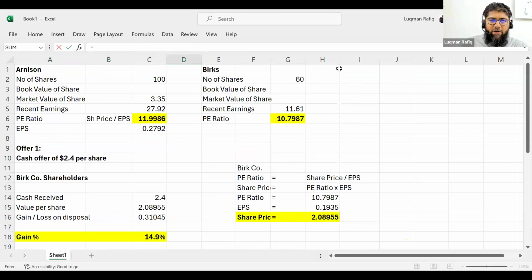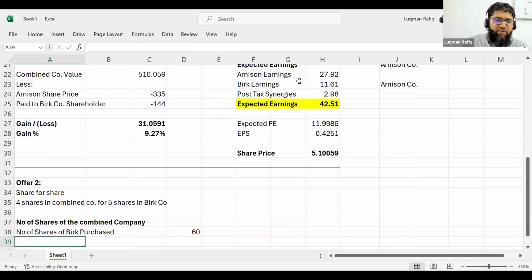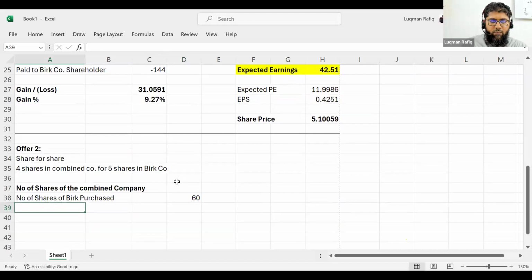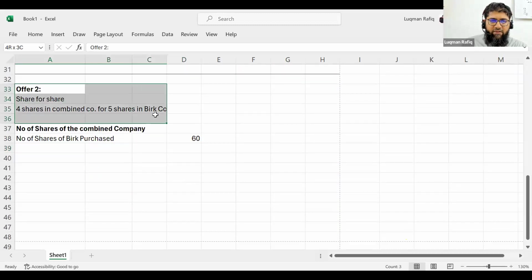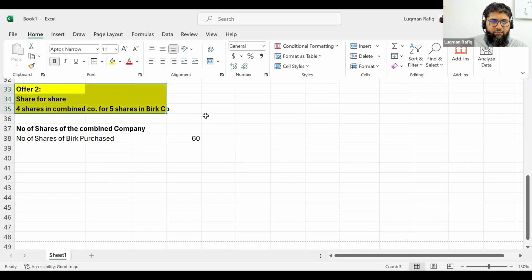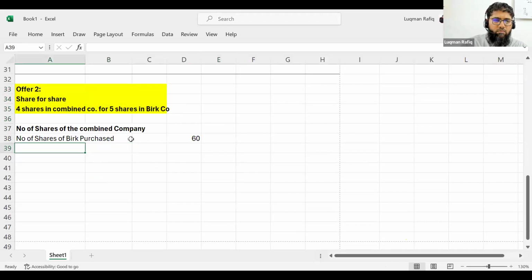The number of shares of Burke purchased is 60 million. You purchase 60 million shares.